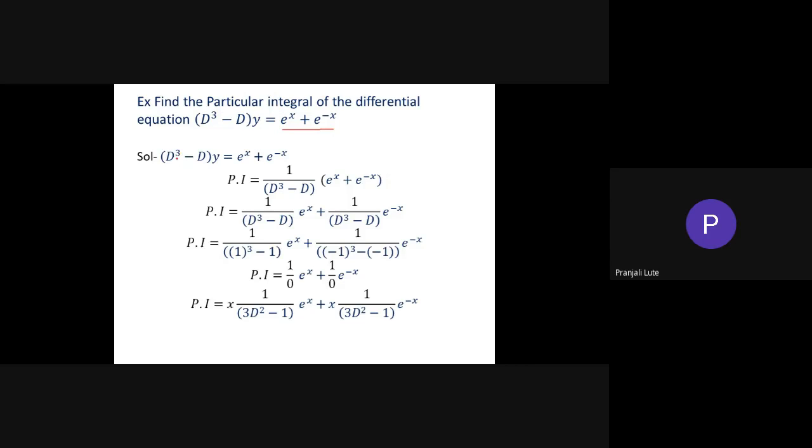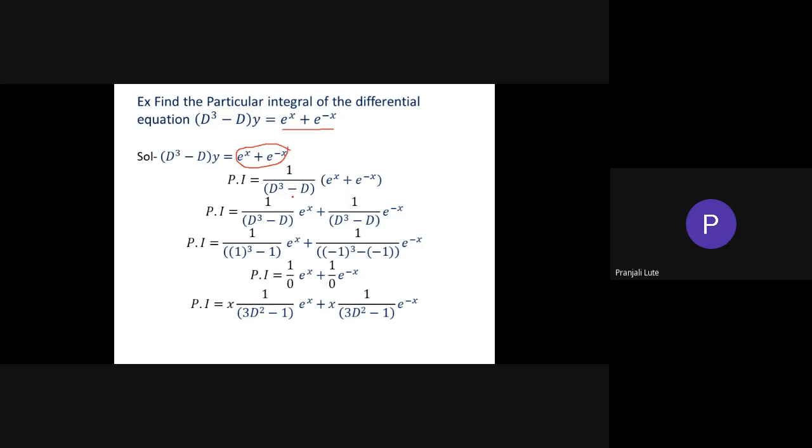So your equation is d cube minus d y equal to e to the power x plus e to the power minus x. So here this is case number 1, e to the power ax. What is a here? 1. What is a here? Minus 1. So here write down PI equal to 1 upon f of d into the complete right hand side. This is e to the power x plus e to the power minus x.